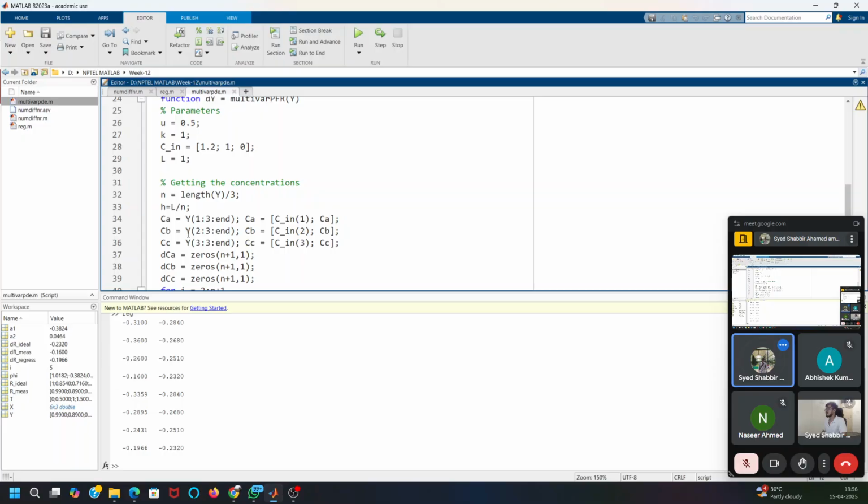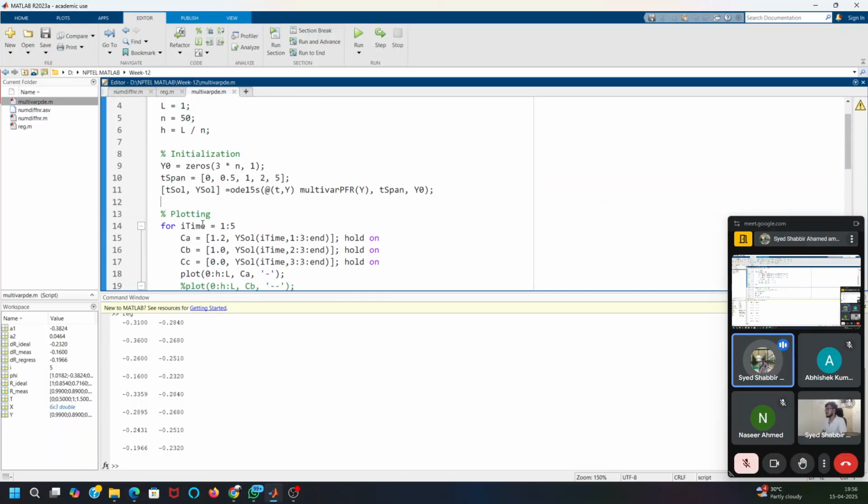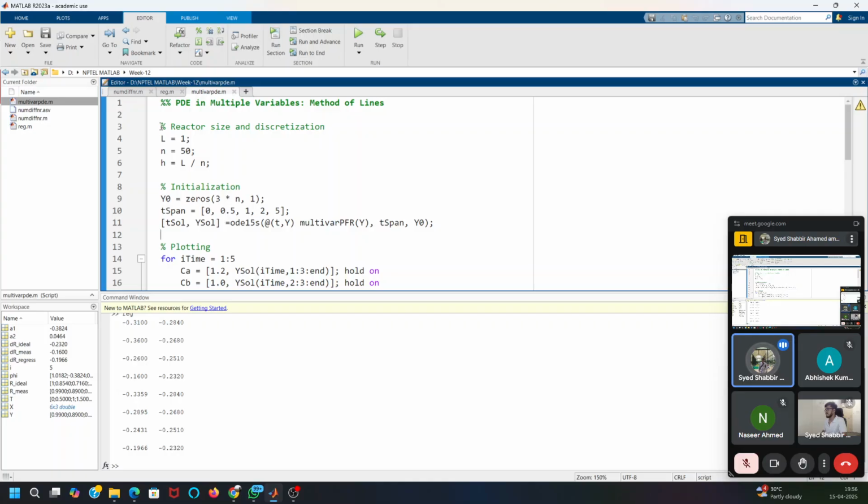So here you can see we have defined all the values which were given. The length of the reactor is 1 meter, or 1 unit, and we are dividing it into 50 segments.